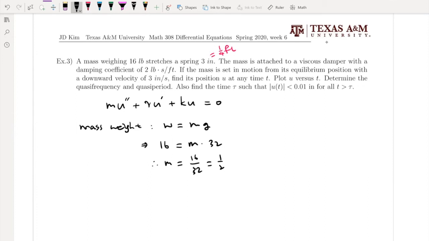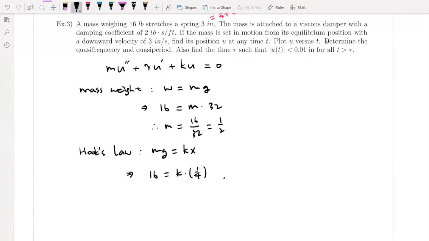With this equation, we can find the spring constant k by Hooke's law, which is mg equal to kx. mg is 16, and the stretching length is 1/4 feet. So we can find the spring constant k, which is 64. Is it okay? Now we are ready.